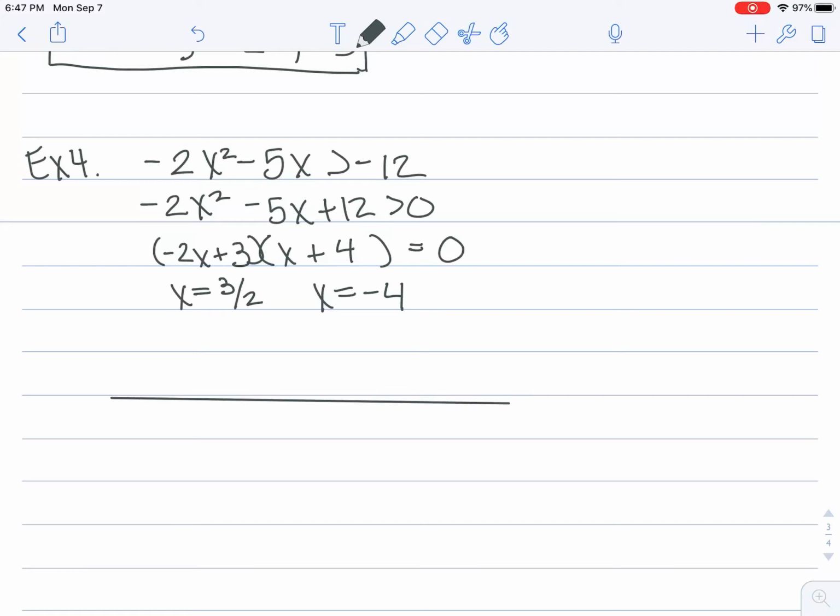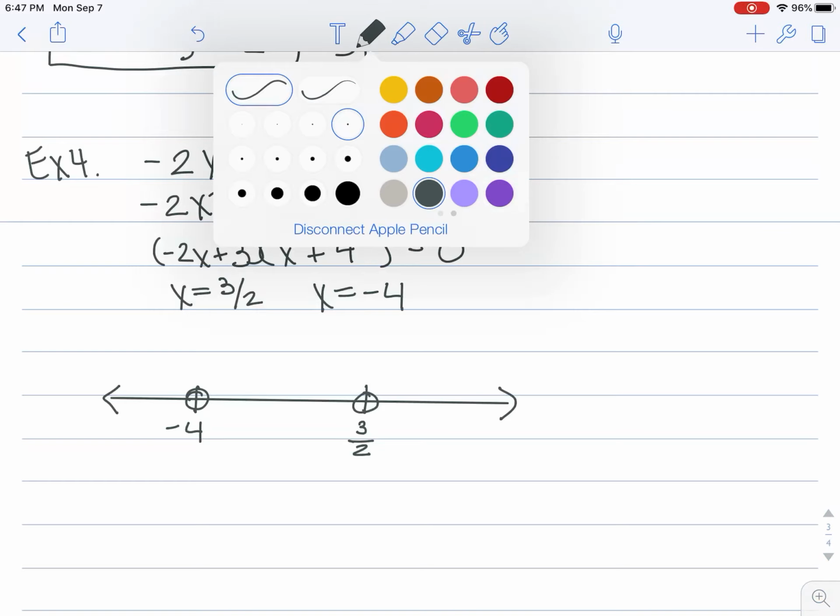All right, then we go into the number line, drop down our numbers, -4 and 3/2. The original inequality was a strictly greater than, so no equals. Right away I go in and I draw in my open circles.